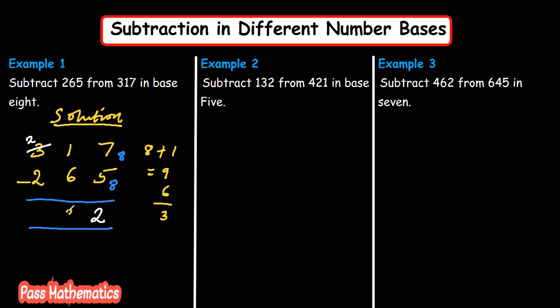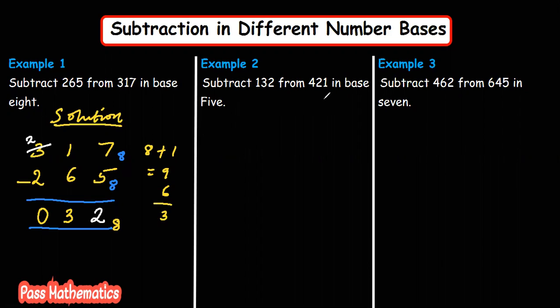So here we have 3. Then 2 minus 2 is 0. If you like, you write it, and if you like, you may not write it. So we are basically having 3 and 5 in what base? In base 8 now. So this is how to do the subtraction. It is very simple. Let's move to the next number.